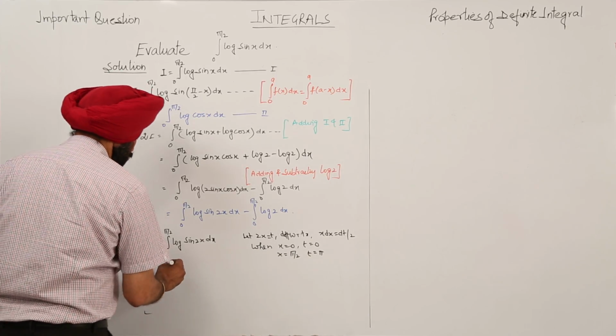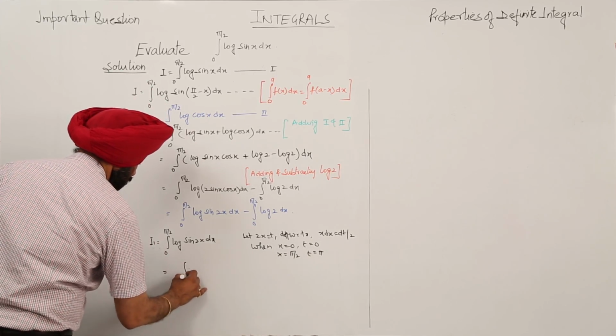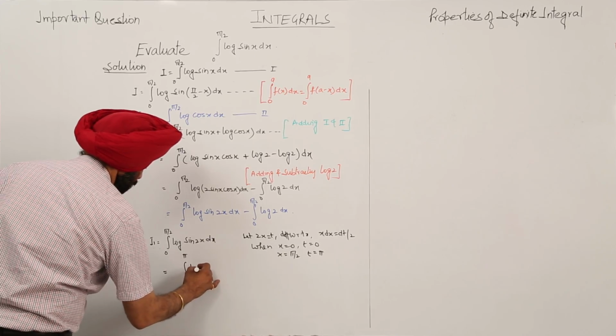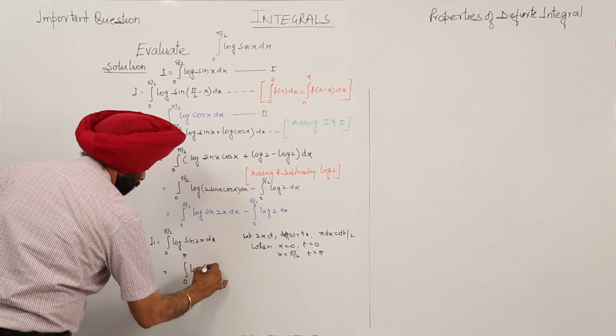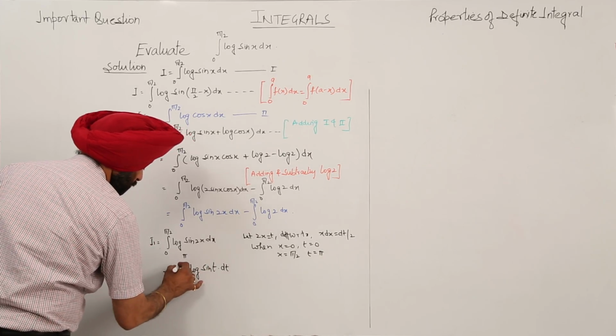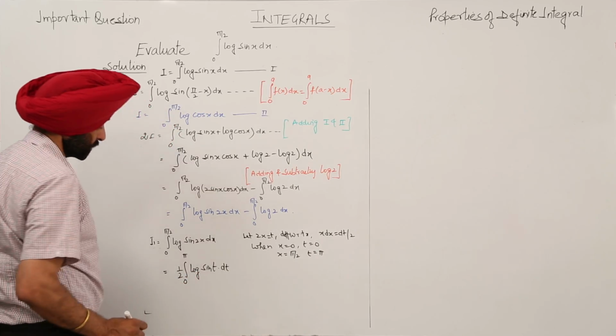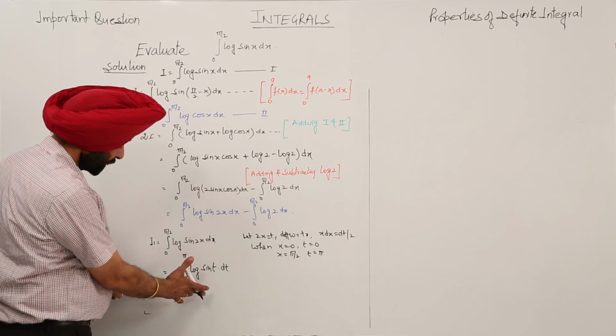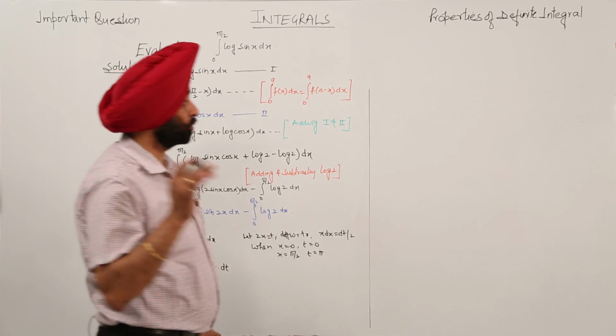So the integral converts to the integral from 0 to pi of log sin t with dt upon 2. So 1 upon 2 I am writing here. Now how we apply the property for this part is the most important thing.